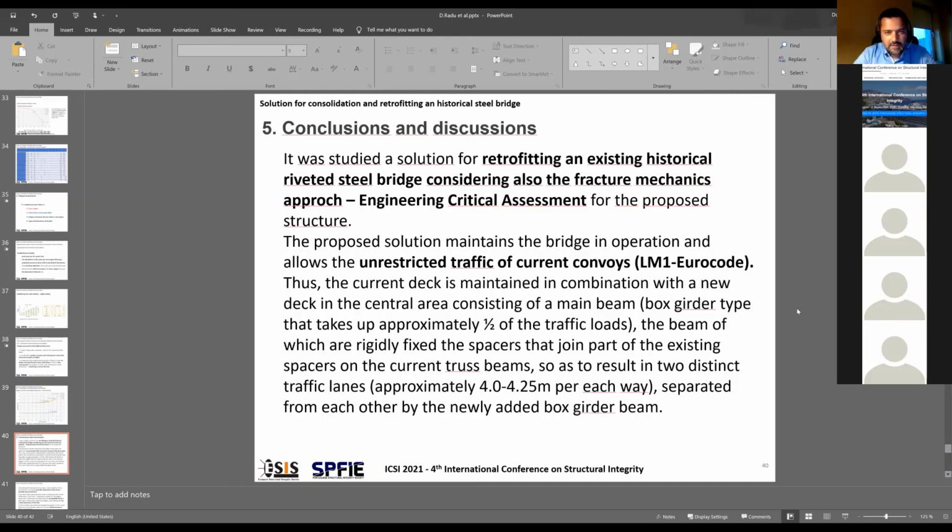As a conclusion and some discussion, it is better to retrofit and consolidate, considering that we have a historical bridge, but in this case it was also better economically speaking.